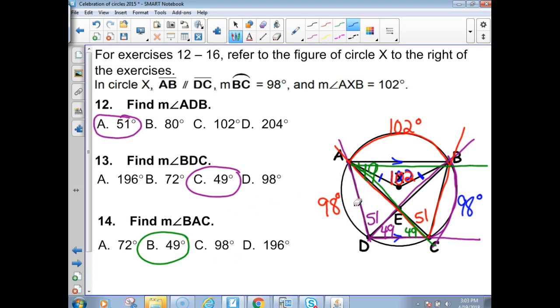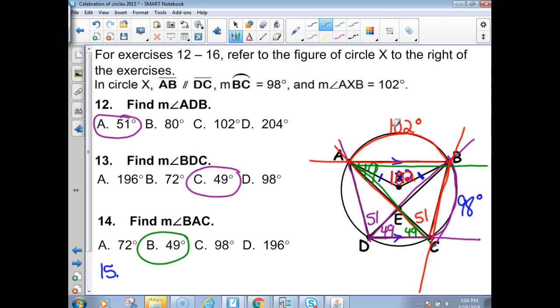And now that I wrote all over this, could you guys tell me what we're finding on 15? So I don't have to go to the blank picture on the next screen. A, B, C? Okay. So that would be all of that, which, matter of fact, I'll even erase this 98 for a second because I didn't really need it and I didn't prove it. All right. If I want ABC, I need to know that arc. How can I get that arc?